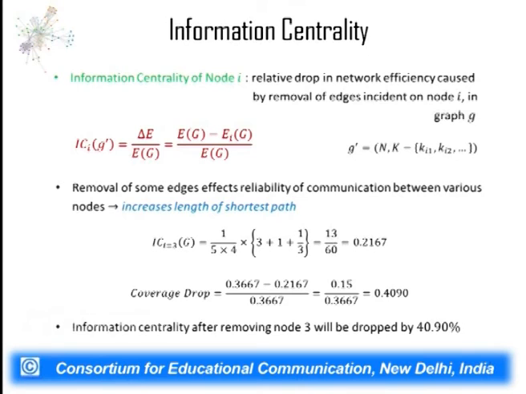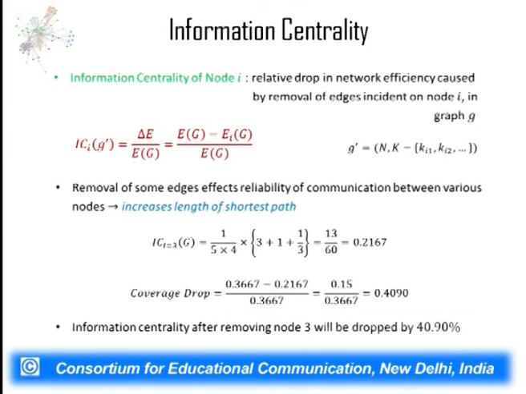This is given by this formula. It's a relative measure. First we take the information centrality of the entire graph, and then we calculate the same measurement without the node i in which we are interested, to find the impact of that node on the graph.